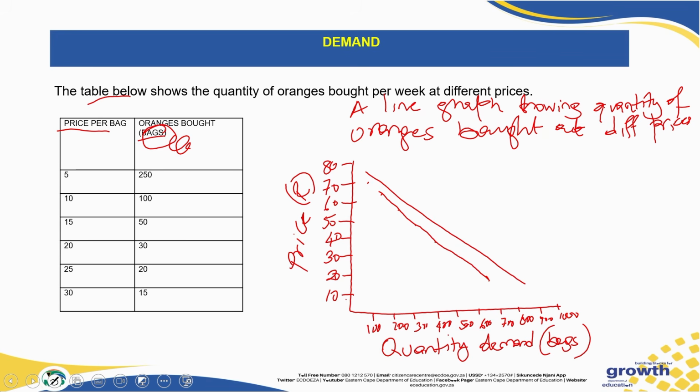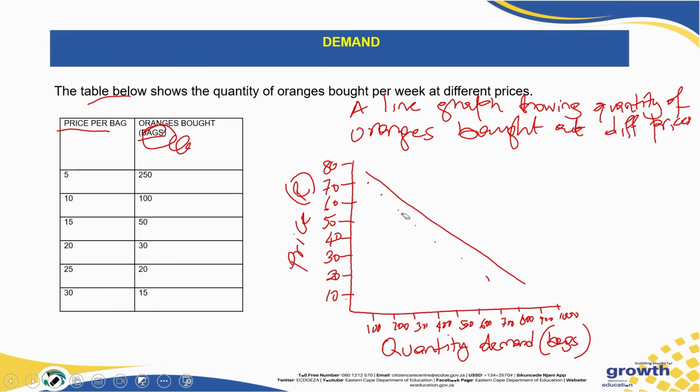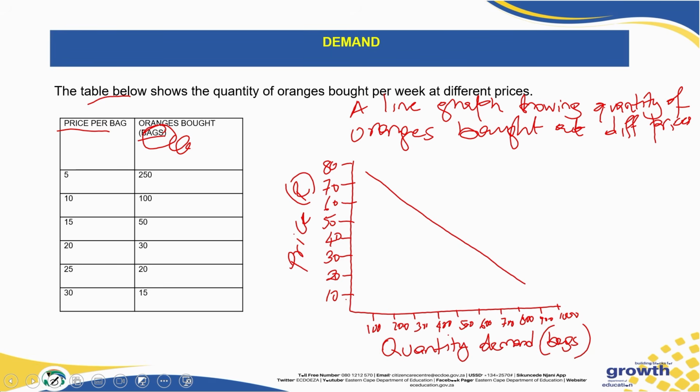Don't go beyond the point. So that is how you draw a line graph illustrating the demand. This is your graph, which shows the demand curve. A demand curve, I said, is down sloping to the right.